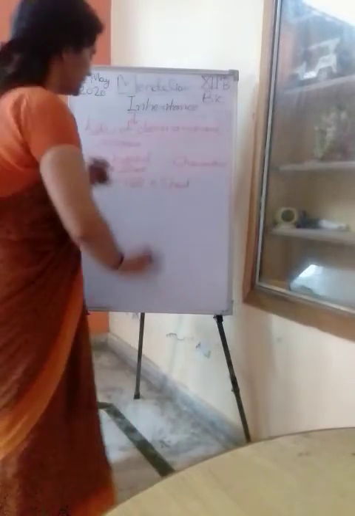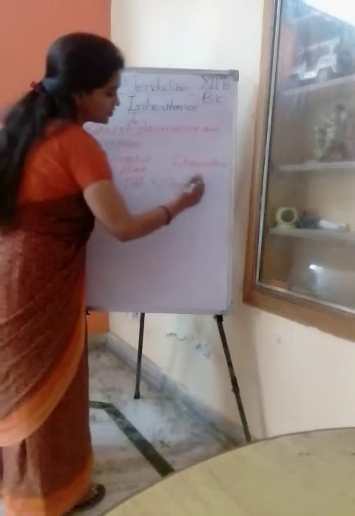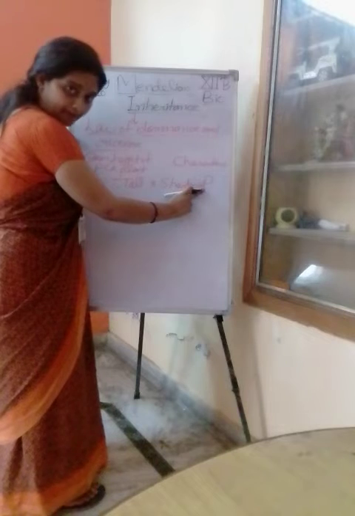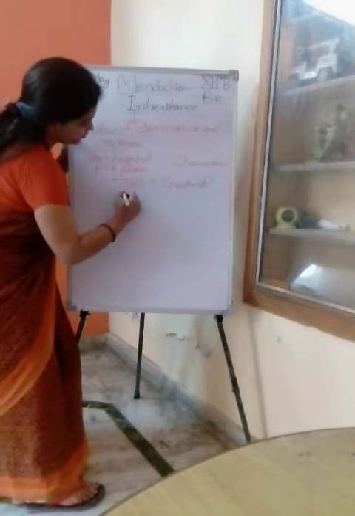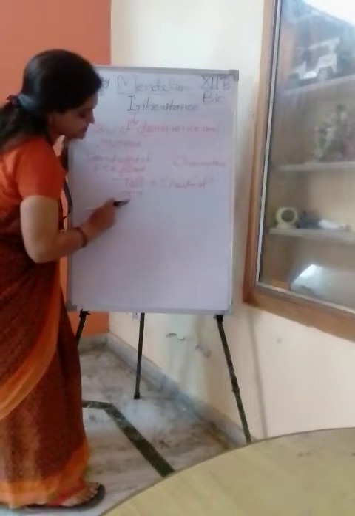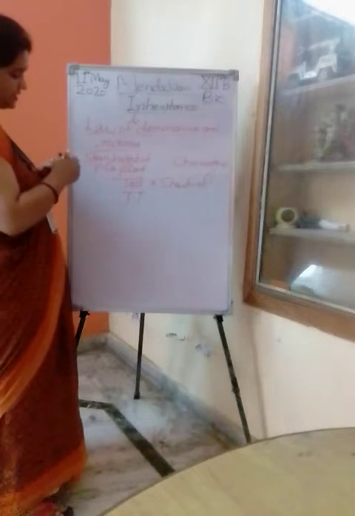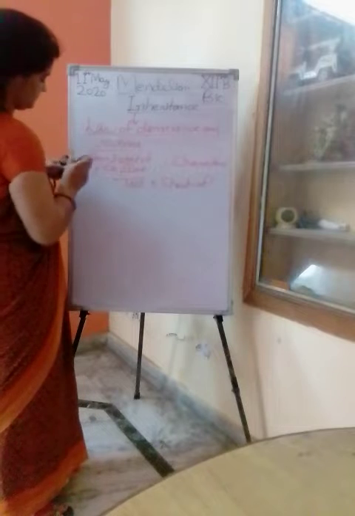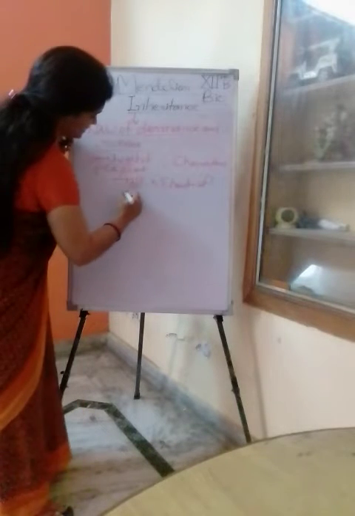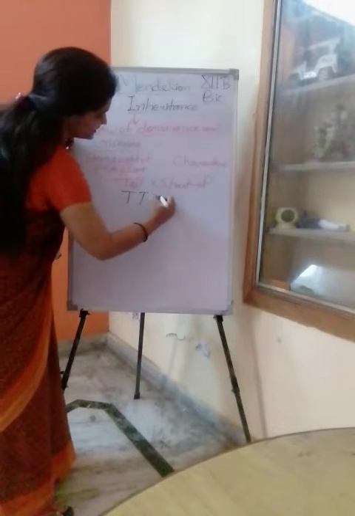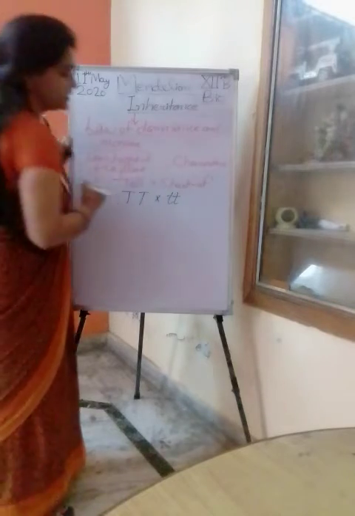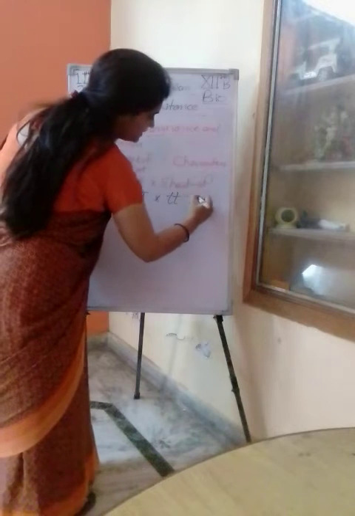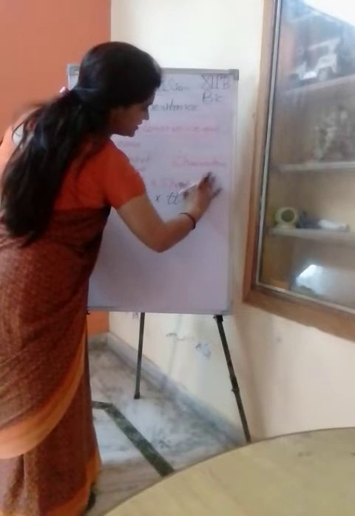Now, tall and short are the parents. How can you write the parents? Capital P. Now, how can you write the alleles? Capital T capital T cross with small t small t. Understand that? This is the parents. This is the traits.